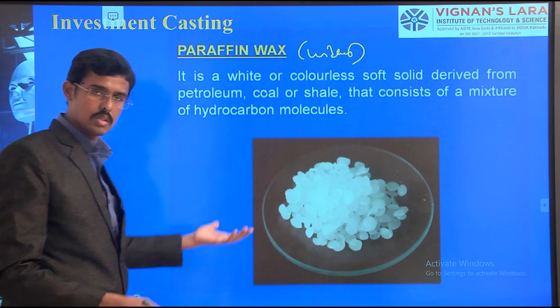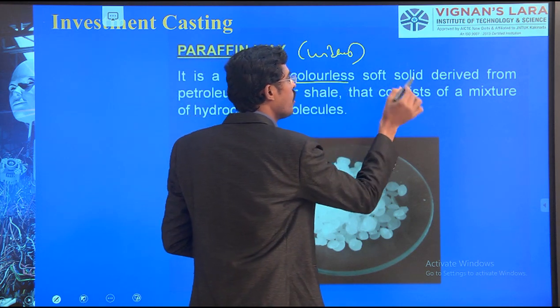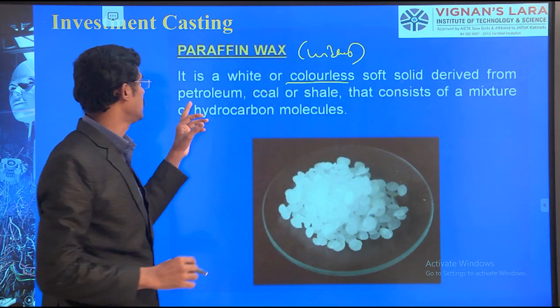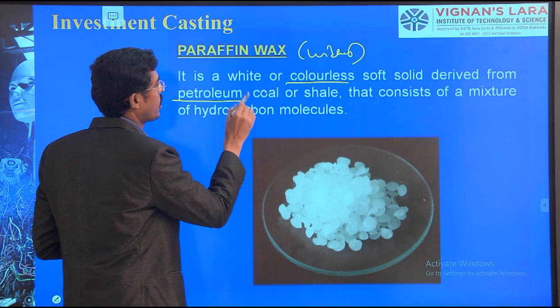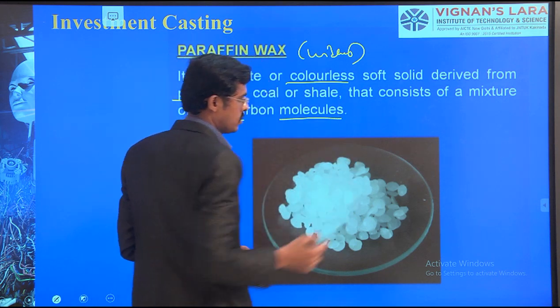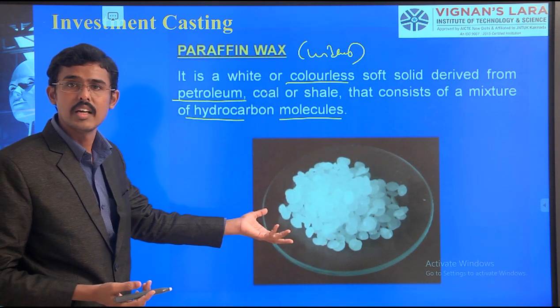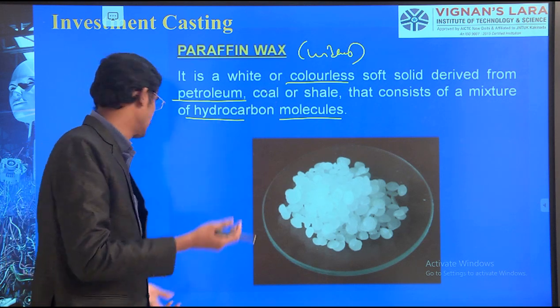For our case also we are using this one. It is a white or colorless soft solid derived from petroleum, consisting of a mixture of hydrocarbon molecules. It is pure white or colorless.